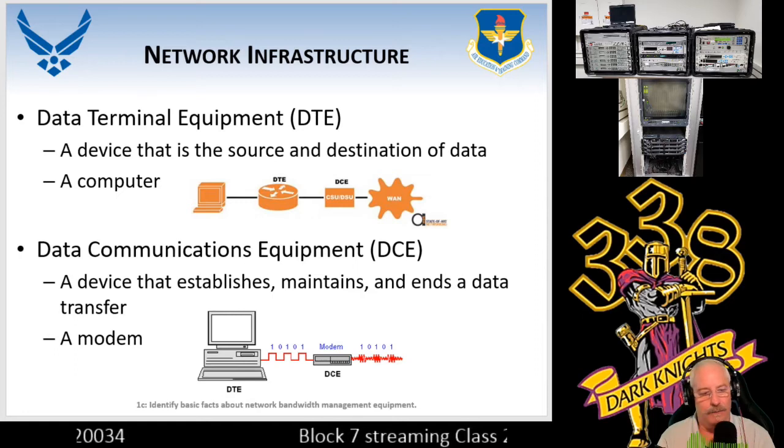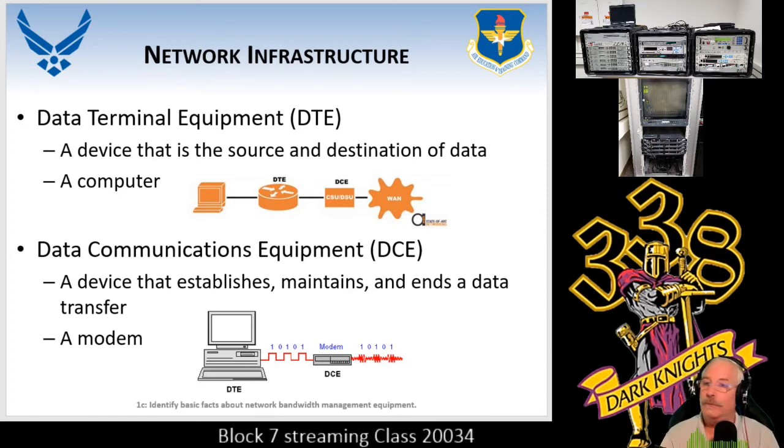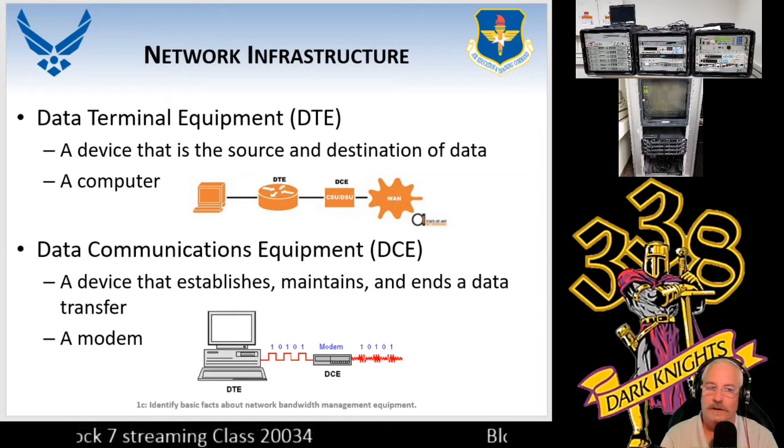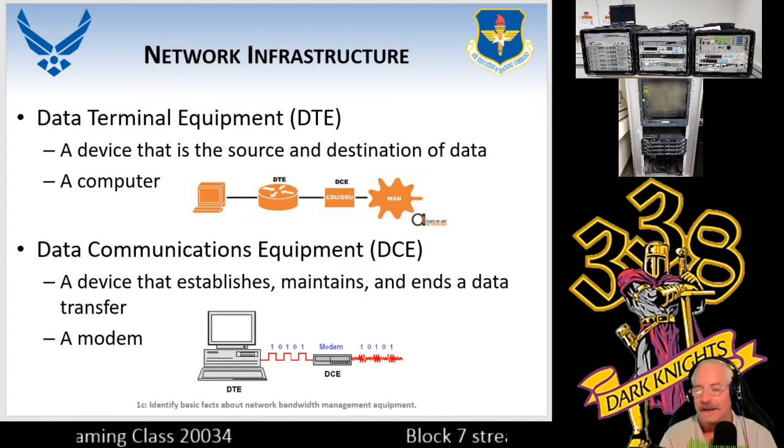So if you have a computer and you're going to send an email to someone across the nation, your computer is the source, and that computer on the distant end is the destination. That's considered a DTE. When you're working with the HST 3000 tomorrow, it's also classified as a DTE. Next up, we have data communication equipment, DCE. Notice how DTE and DCE sound the same.